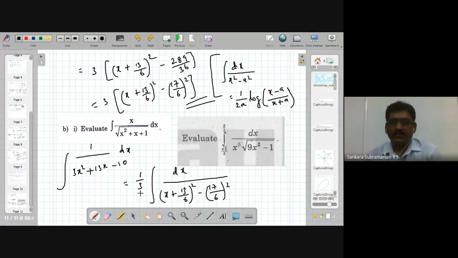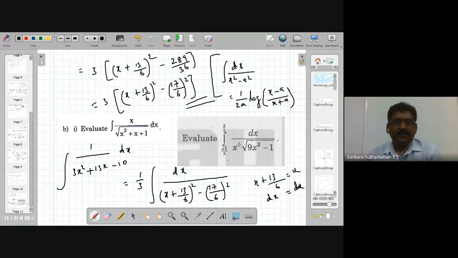Instead you have to replace x plus 13 by 6, this is shifting of origin, right? You can take it as capital X, or you can say u. So there is no change in dx; dx is equal to du.